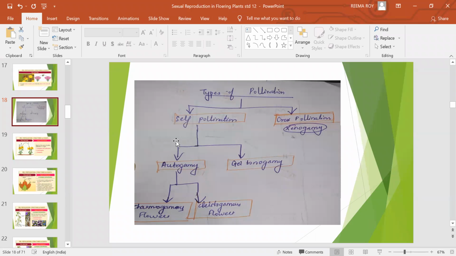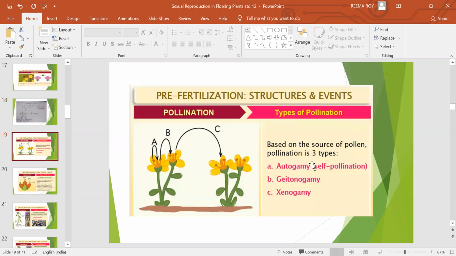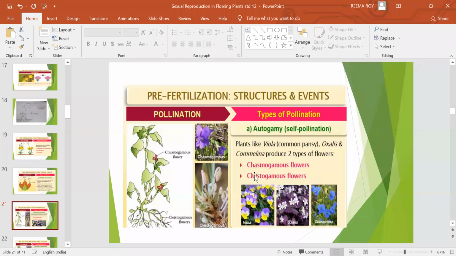Self pollination के अंदर दो टाइप के हैं, autogamy and geitonogamy. और autogamy के अंदर दो टाइप्स है, that is chasmogamous and cleistogamous. We will see self pollination में autogamy है. Autogamy में chasmogamous and cleistogamous है.